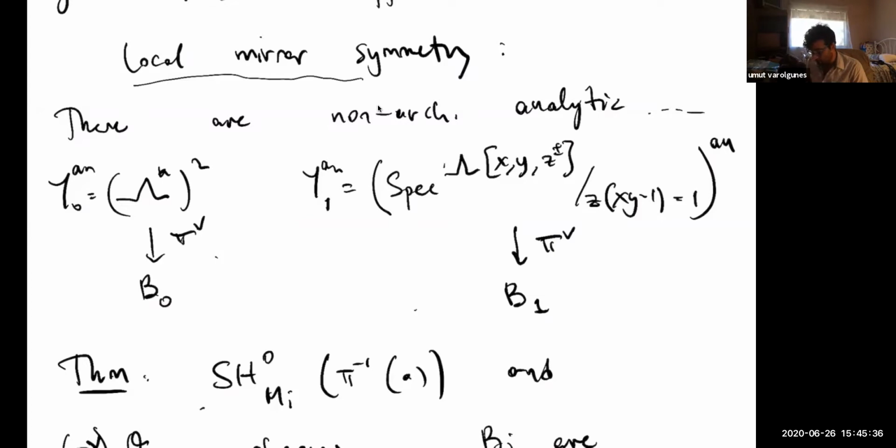And this one was analyzed by Kontsevich-Soibelman first, I think, in this context at least. And this has a non-Archimedean analytic SYZ, but I don't want to say SYZ because I think SYZ actually means something a little bit more specific in the literature than what I have in mind.